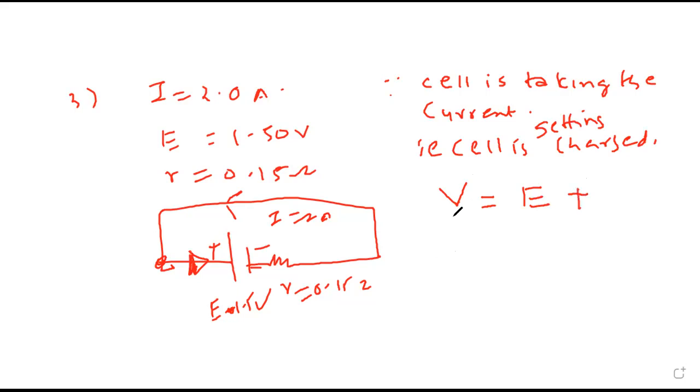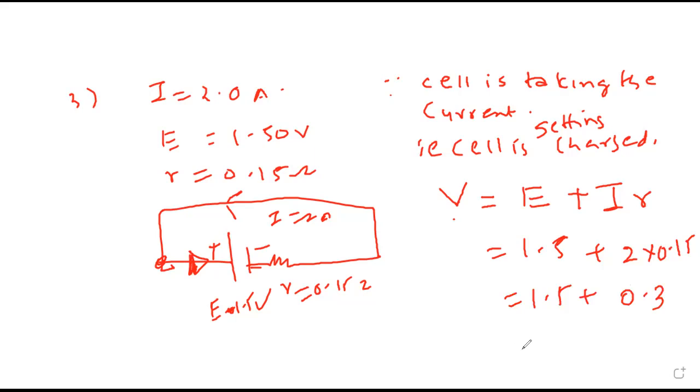So V, the terminal voltage, is E plus IR. E is 1.5, I is 2, R is 0.15. So 1.5 plus 2 into 0.15 is 0.3.